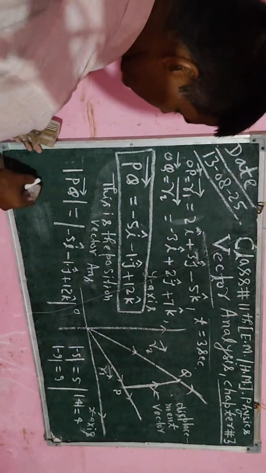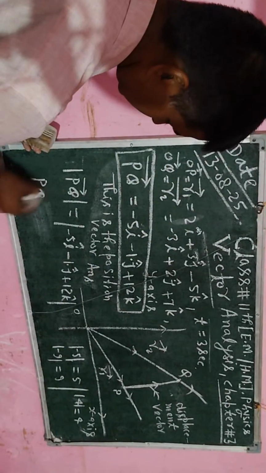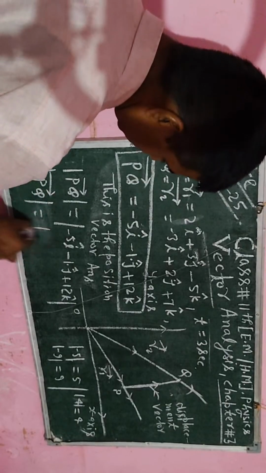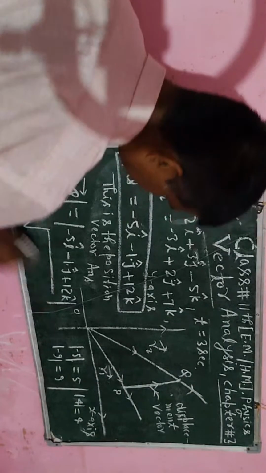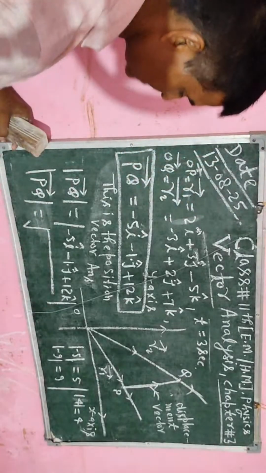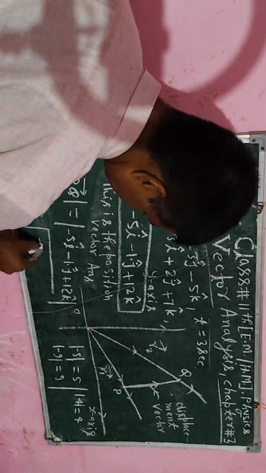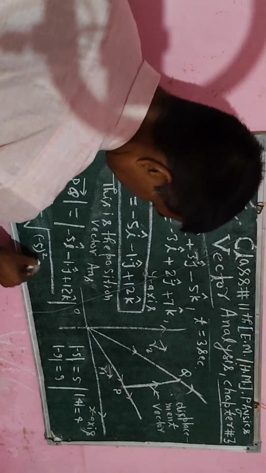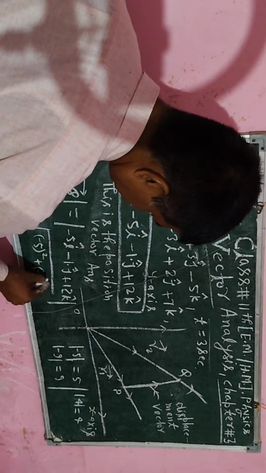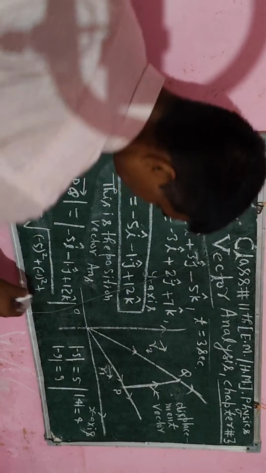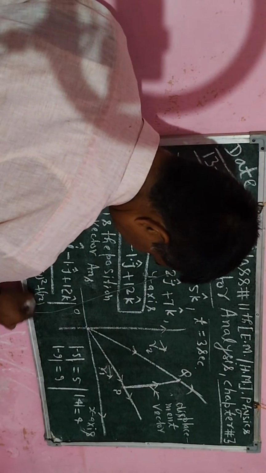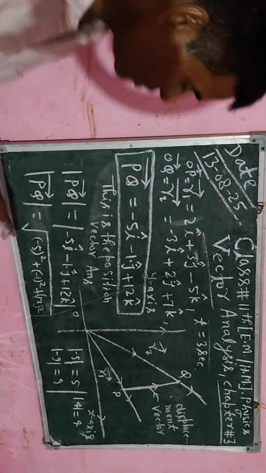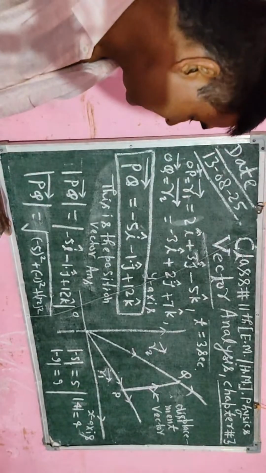Here I can write the magnitude of vector PQ, and its value will be like this. I will write one piece of information I have already explained yesterday.